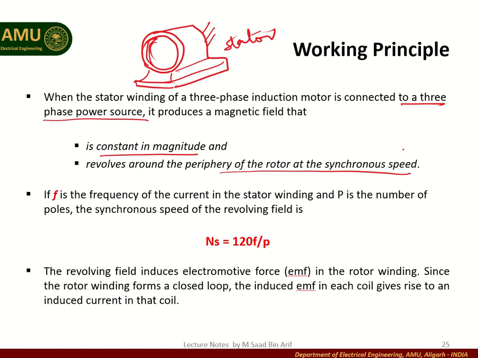The rotating magnetic field rotates at synchronous speed, that is Ns equals 120 f by P. From where you get this expression, you have to go back to the first year course EEA 1110.